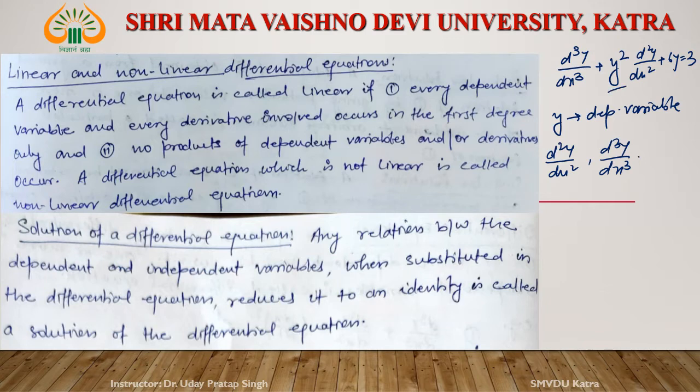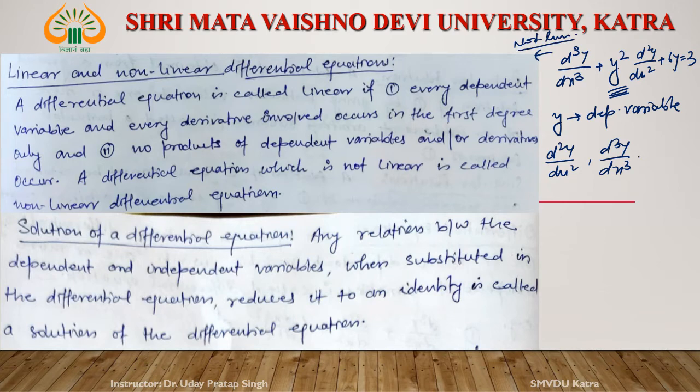Here y is the dependent variable, and its power appearing in the differential equation must be 1. Here the power is 2, so this differential equation is not linear.